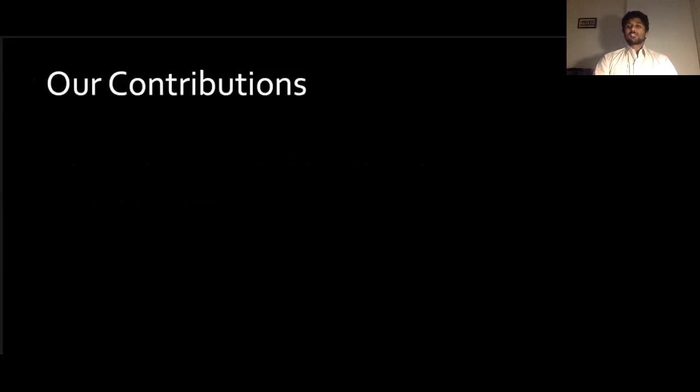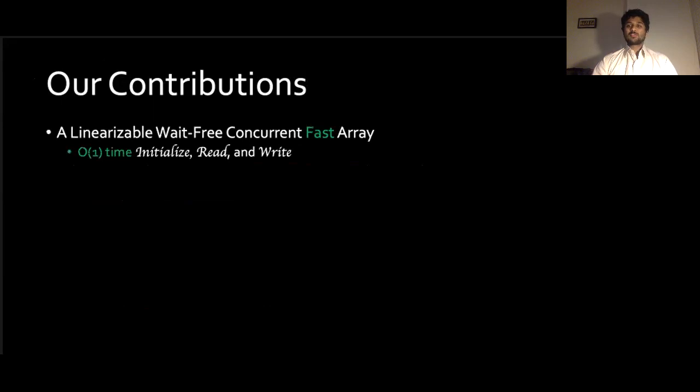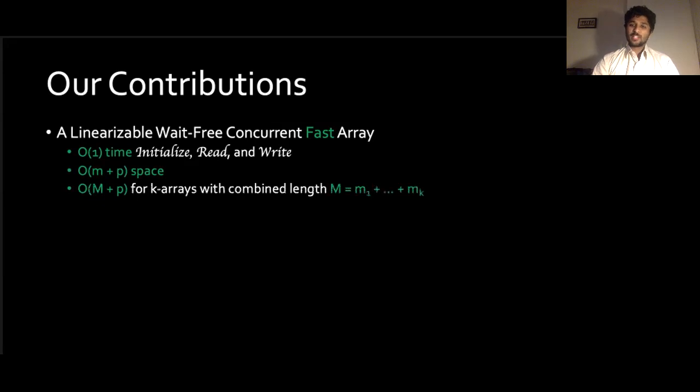The main contributions of this paper are threefold. First, we designed a linearizable wait-free concurrent fast array that supports initialize, read, and write in just constant time, and requires only O of m plus p space to support a single array of length m for p processes. Furthermore, if multiple arrays are initialized, we show how to restrict the space usage to be a mere big O of M plus p, where M is the sum of the lengths of all the initialized arrays.